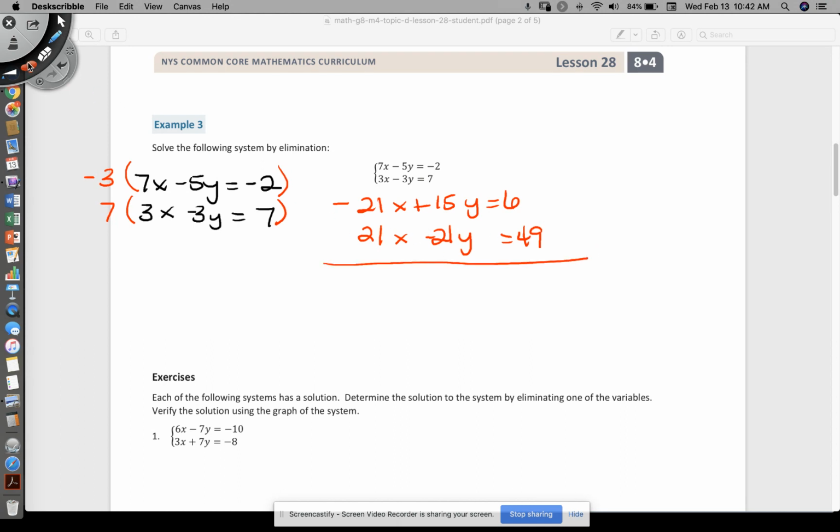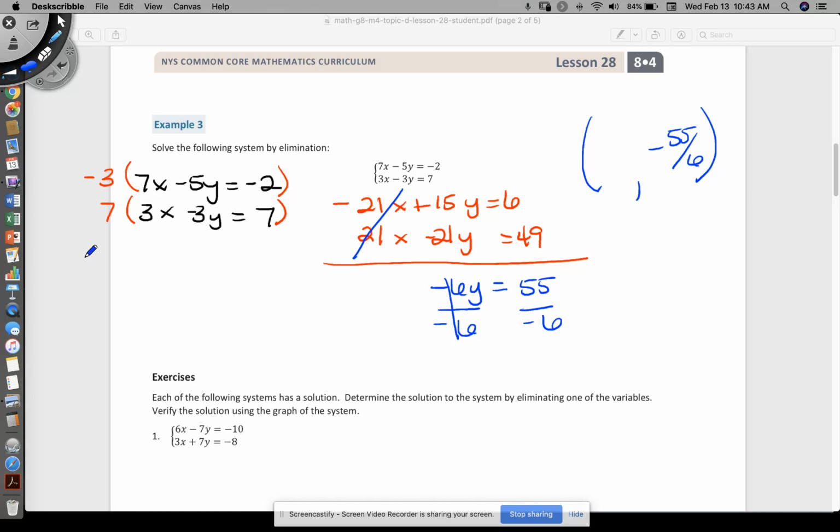Okay, so if we go and add these up, I can see that my x is canceled, which is what I wanted. 15 take away 21 gives me -6y. 6 plus 49 gives me 55. Divide out that -6. And I cannot simplify that any further, so my y is -55/6.